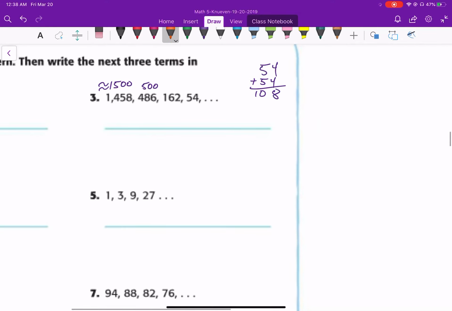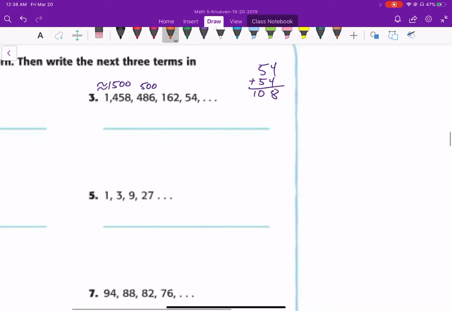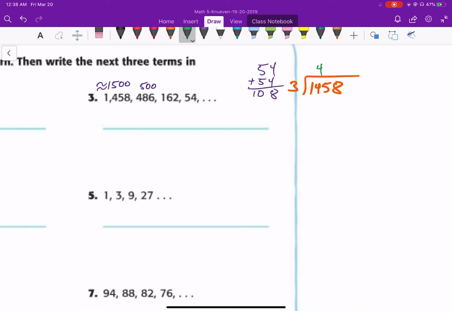So let's work down and say, well, 1,458. If I divide that by 3, well, 3 goes into 14 4 times. 4 times 3 is 12. I subtract, I get 2. I bring down my 5. 3 goes into 25, well, that makes sense, it's 8.